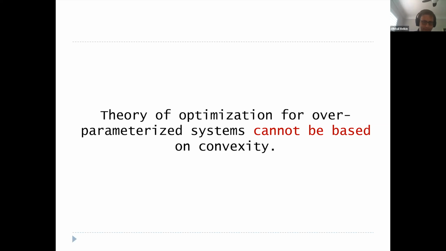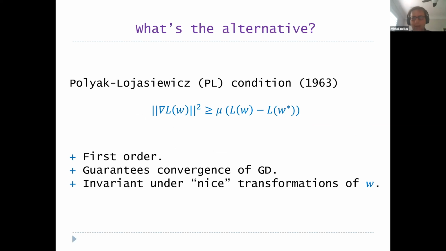There is actually a perfectly fine alternative to convexity, which is not even new. It's almost 60 years old, and it's in fact well known, but somehow not really widely appreciated, although recently it has been becoming more popular.